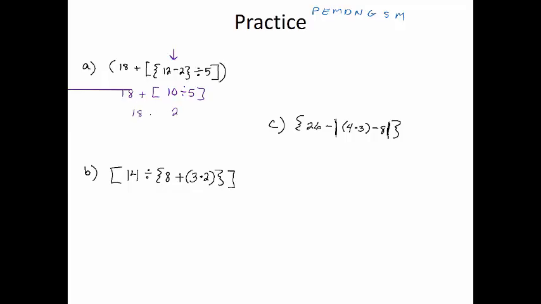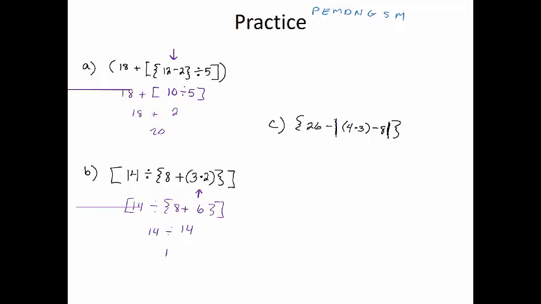So we have 18 plus 2, which is 20. Alright, for B, innermost enclosure right here. So we have 6. So we have 8 plus 6. Alright, now 8 plus 6 is 14. So we have 14 divided by 14, which is 1.